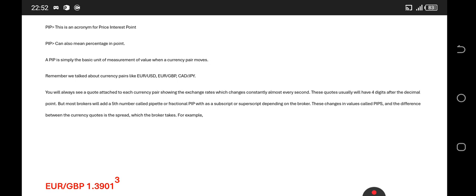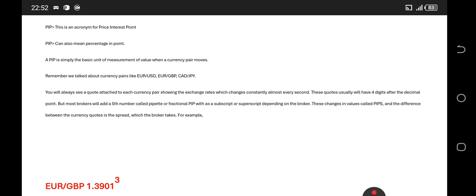So, like I said, you will always see a quote attached to currency pairs that shows the exchange rate. Those rates change every second, very, very fast. By the time we go on a live market, you are going to see them.